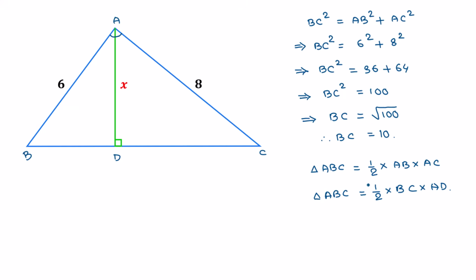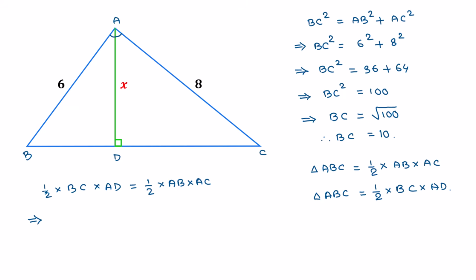So the left side is the same, so we can write the right sides equal. So half times BC times AD is equal to half times AB times AC, because this is the area of triangle ABC and this is also the area of triangle ABC.